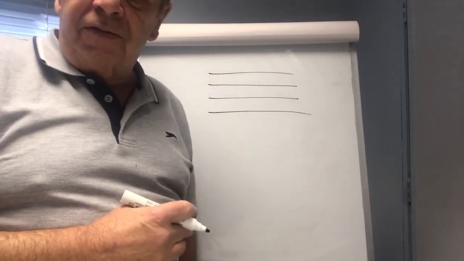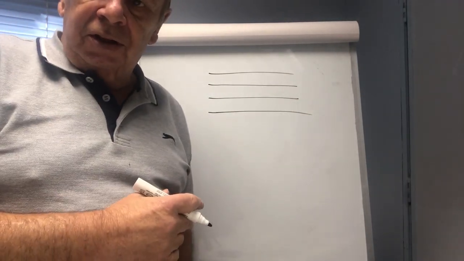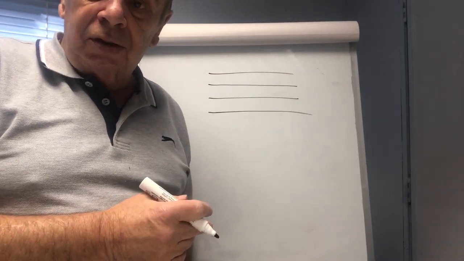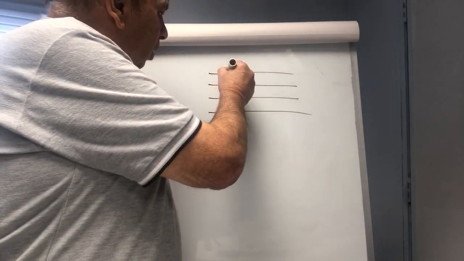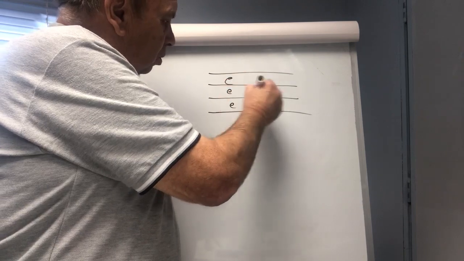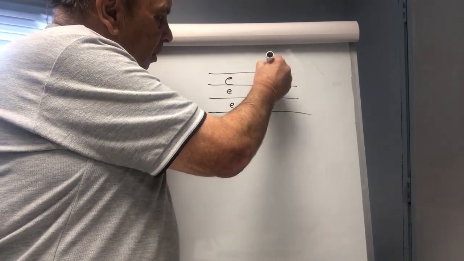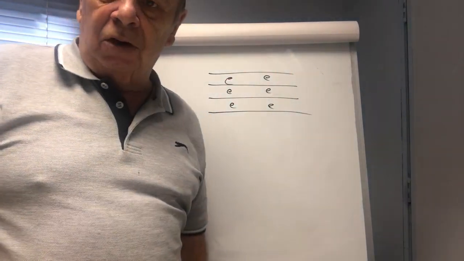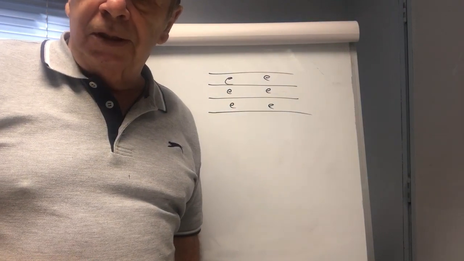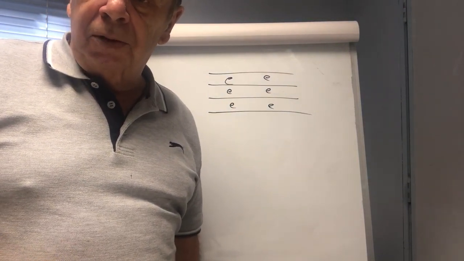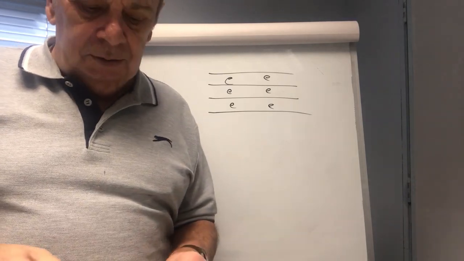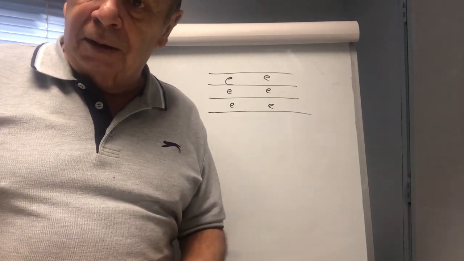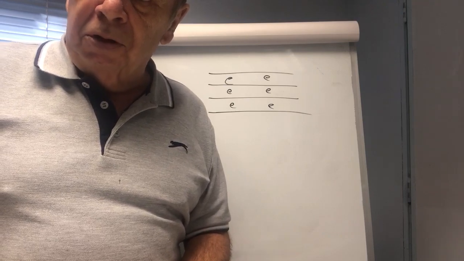But in the case of graphite, there's a delocalized cloud containing electrons between those layers, like so. So therefore, graphite's got one special property compared to diamond: it conducts electricity. However, it's still got a high melting point and a high boiling point.